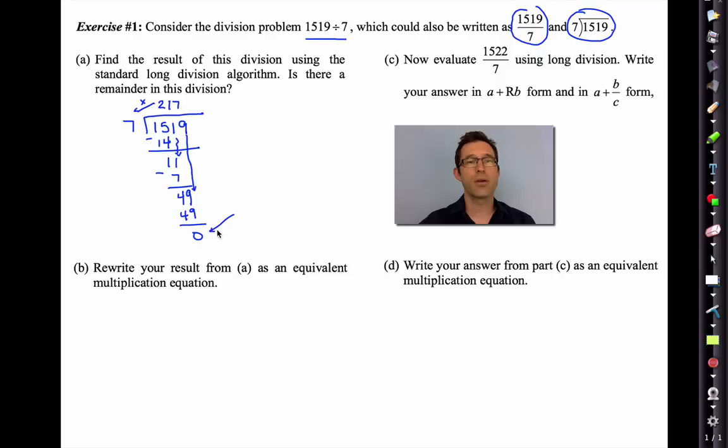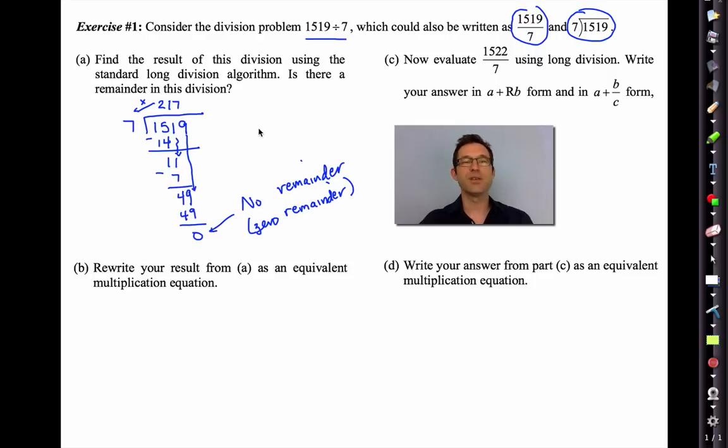Is there a remainder? No remainder. Or maybe it would be better to say a 0 remainder. But most people would say no remainder. So 1519 divided by 7 is 217.